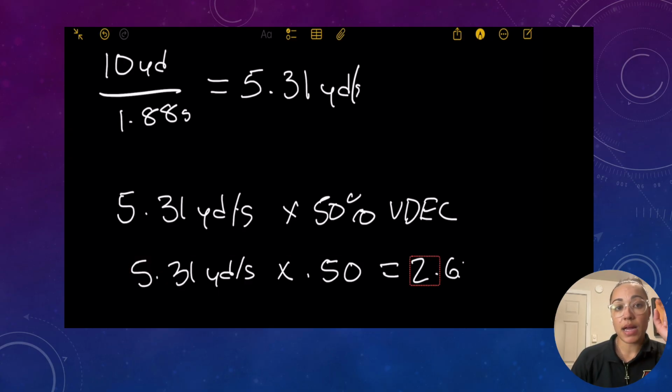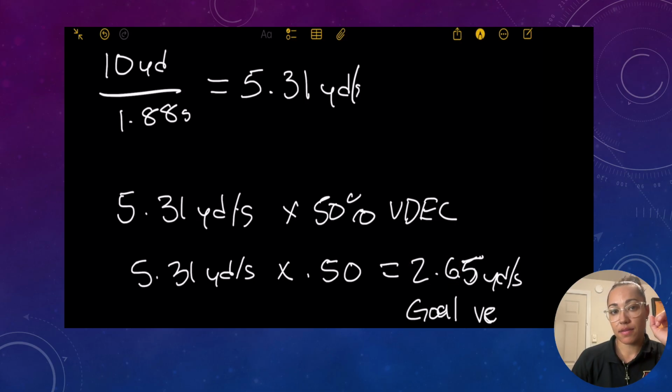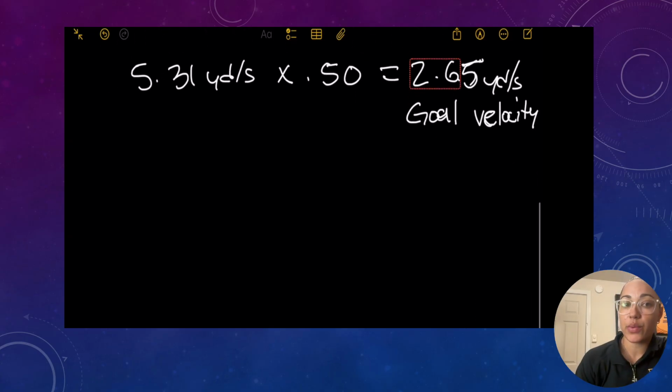We're going to then multiply 1 over 10 yards because we're sprinting at 10 yards. And we're going to get 1 divided by 0.265. Once we divide all of that up, we should get 3.77 seconds. So that is our goal time.